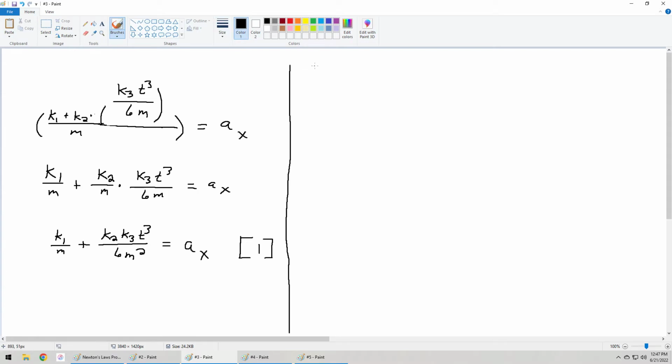So if I want the x component of the velocity with respect to time, I am going to integrate the x component of the acceleration with respect to the variable t, and I need to include any type of initial velocity in the x direction. Our integral is this expression right here.